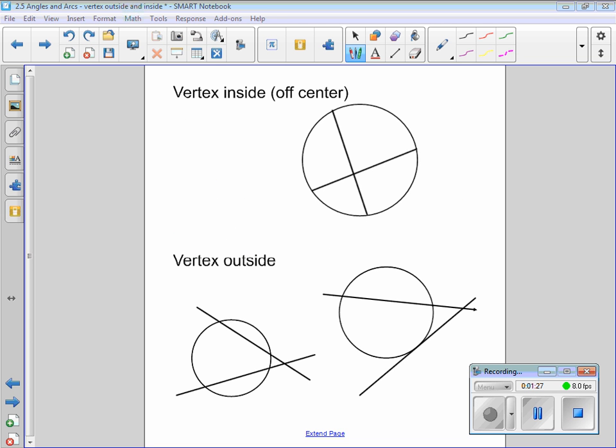So here we have a vertex on the inside, but off center. The center of the circle might be right about there. So this is a case where the vertex is inside the circle, but off center. And then below we'll have the vertex outside the circle, and it creates a relationship to two arcs. We're going to investigate that now.